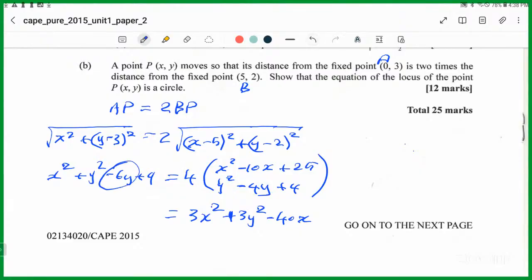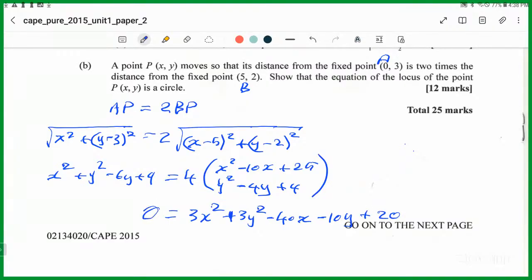So the minus 6 comes over and becomes a positive 6. So minus 16 plus 6 is minus 10y. And the numbers now, the sum is 29. And then this 9 is going to come over and subtract. So 29 minus 9 is 20. So you're going to get plus 20.